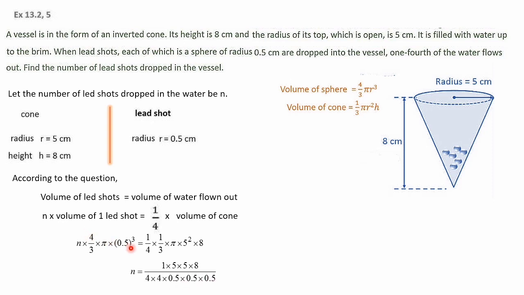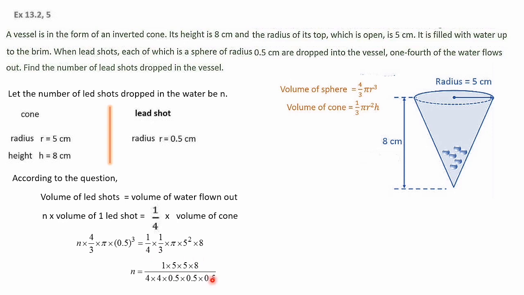So these all come here as denominator, and the 4 is also included. On the right side pi is gone, there is 5 square, so 5 into 5, and also 8. There is only one denominator 3 that was cancelled, so nothing comes from here to the numerator. So this is the calculation we have to do.